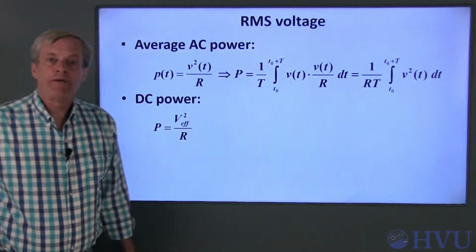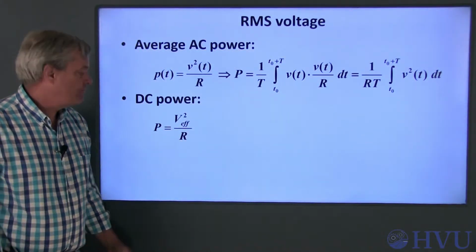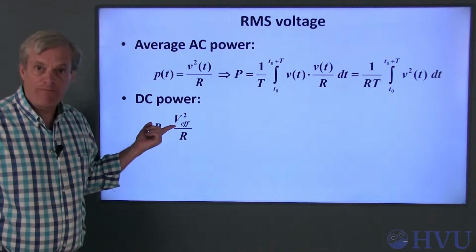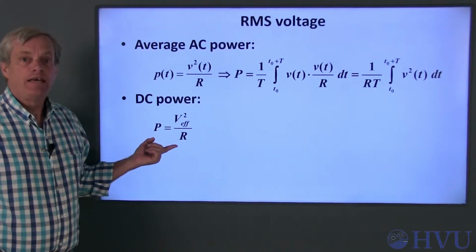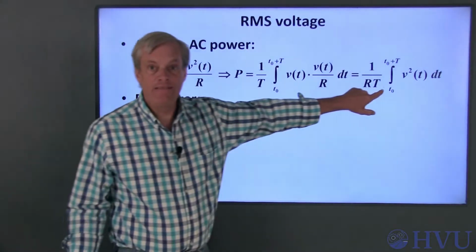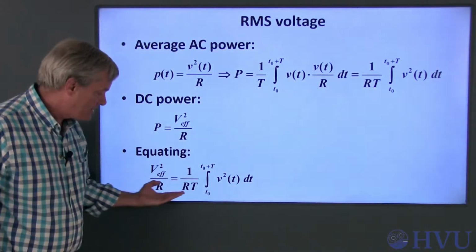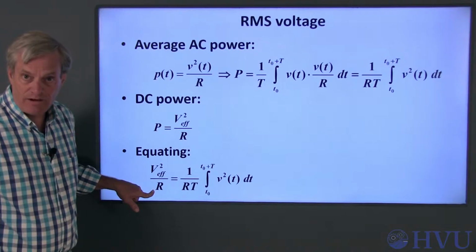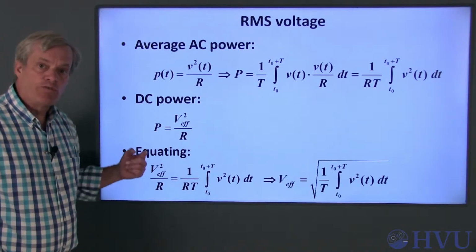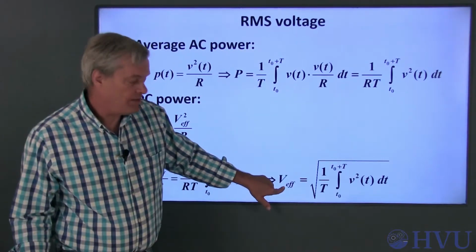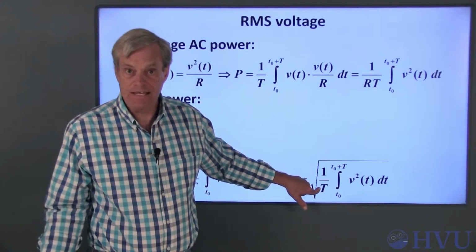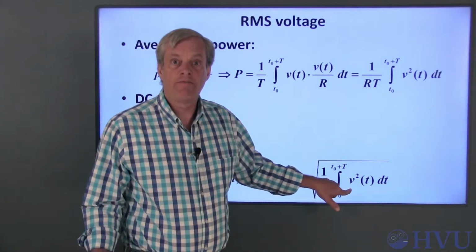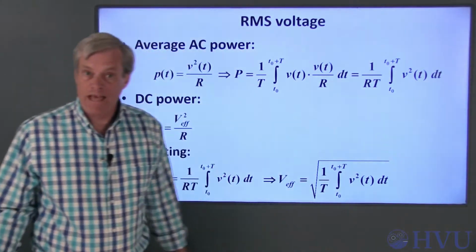The power dissipated by an effective constant voltage, V_EFF, is just V_EFF squared divided by R. If we equate this expression and this expression, we get this. The resistances cancel out again. If we take the square root of both sides, we get the result that V effective is the square root of 1 over the time period, T, times the integral of the square of the voltage over that time period.